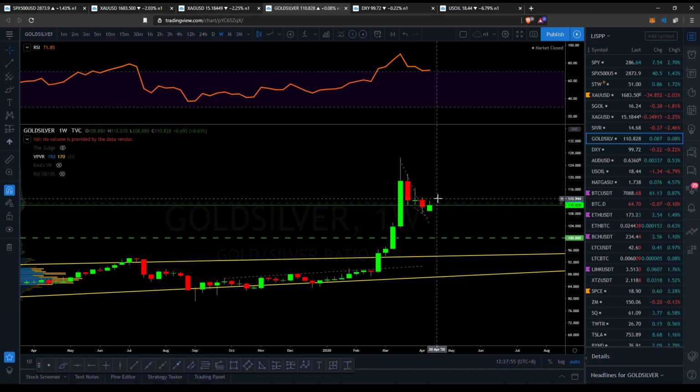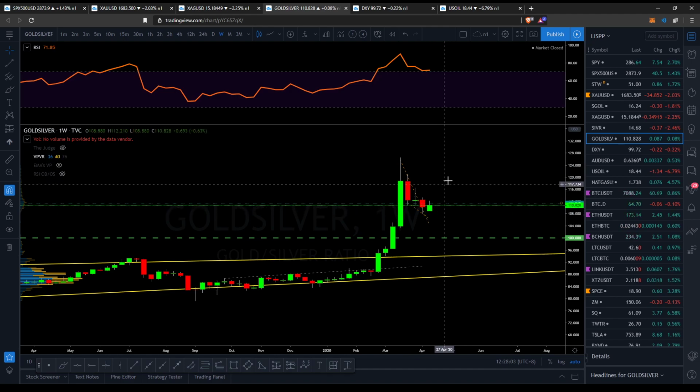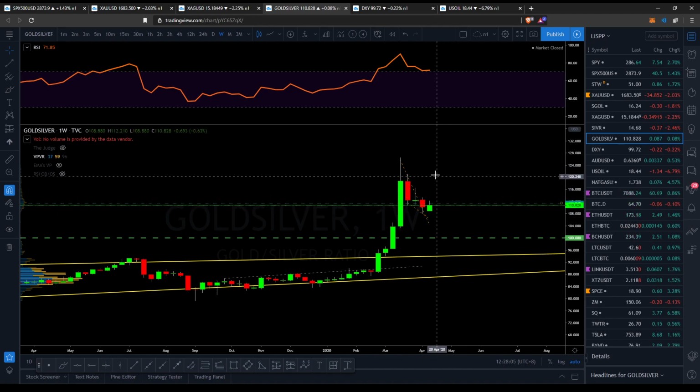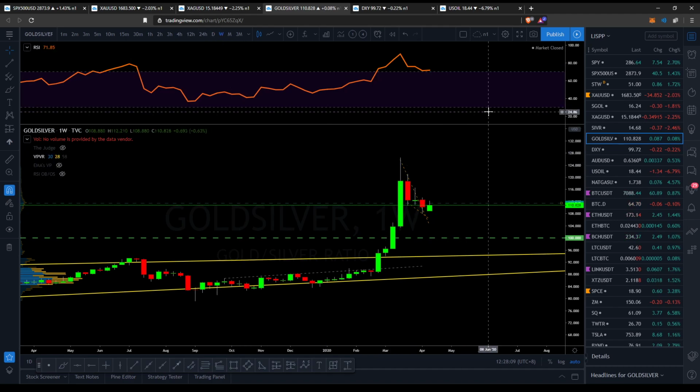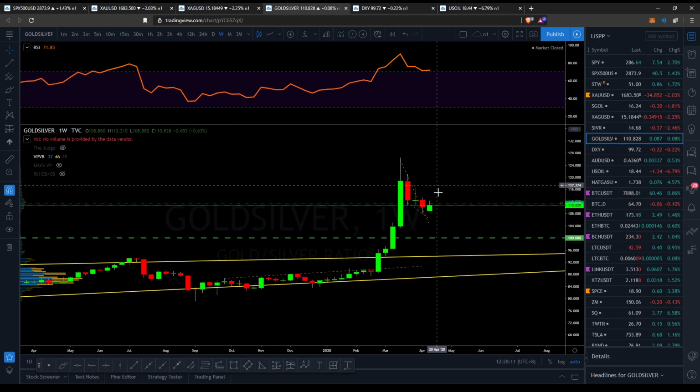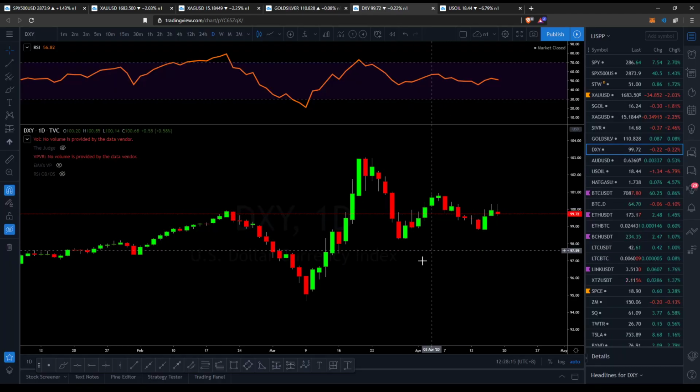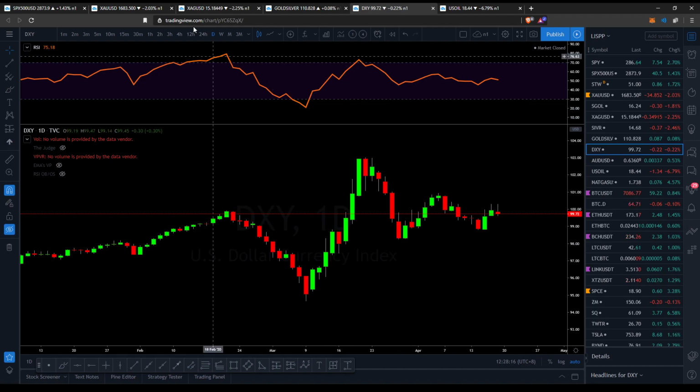But if we go up on the daily, that means we will set a higher low on the daily, on the weekly, and we'll be looking to see if we're gonna set a lower high or if we're gonna continue upwards into the 130s and stuff, but that's never been seen before. Just a quick look at the dollar.